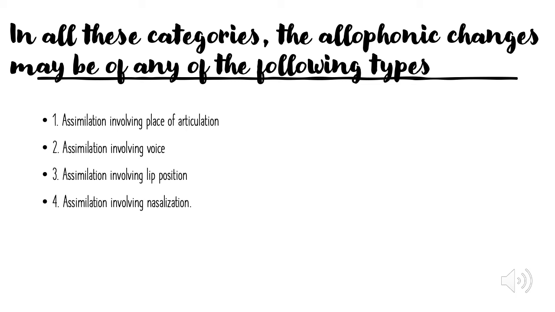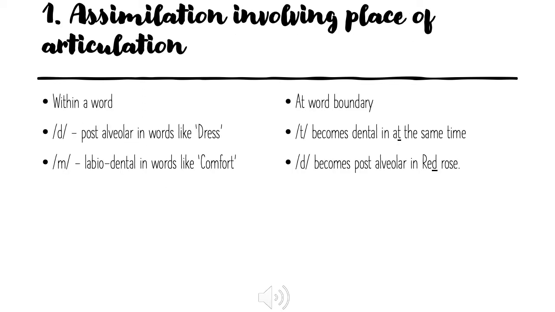So we'll look at these four different kinds of changes. And to understand it better, we will look at examples that are within a word and at word boundary too. So the first kind of change is one that involves the change in place of articulation. Assimilation, where a sound changes its place of articulation.